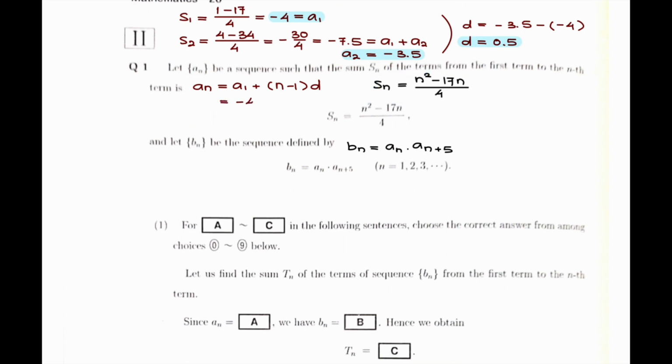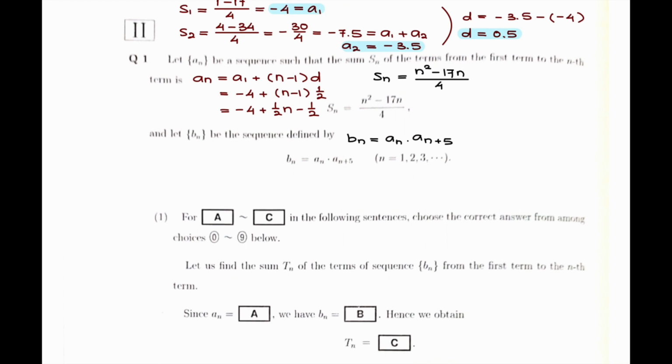A1 is negative 4 plus N minus 1 times D. D is half. If I expand it, I will obtain negative 4 plus half N minus half. As you can see here, negative 4 minus half, you will obtain negative 9 over 2.